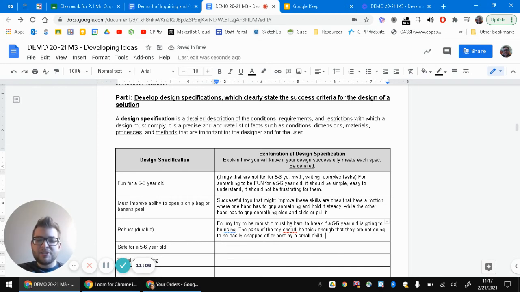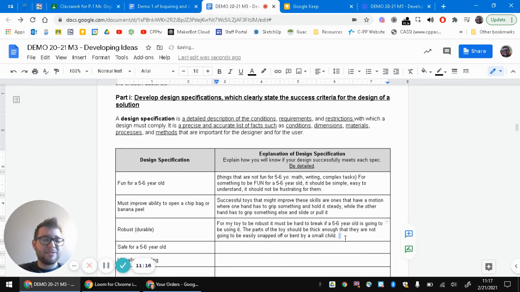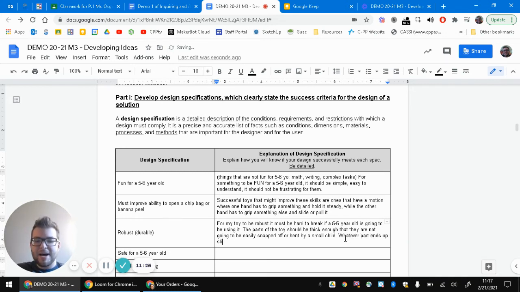And we know that adults can be a little more gentle with things, but kids don't even know their own strength all the time. So we're definitely going to want to make sure that if there's something sliding, it better not rip off. Whatever part ends up sliding on my toy better be hard to break or pull off.